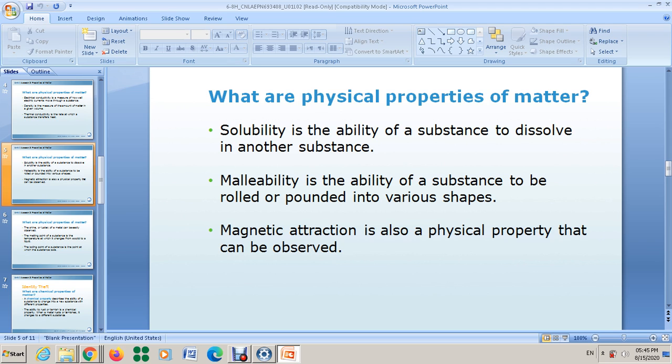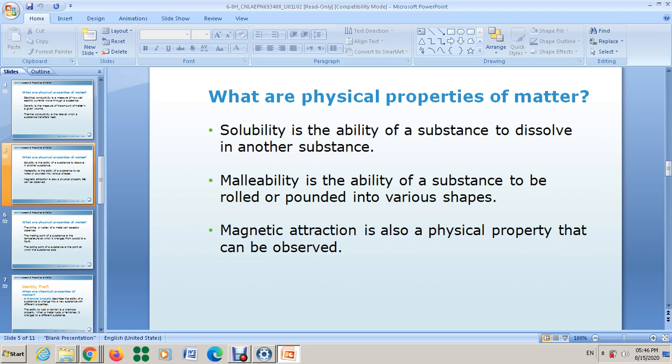The other thing, malleability. Malleability is the ability of a substance to be rolled or pounded into various shapes. For example, if you have an aluminum piece, you can change its shape into different shapes. You can make trays of aluminum, right? Okay.